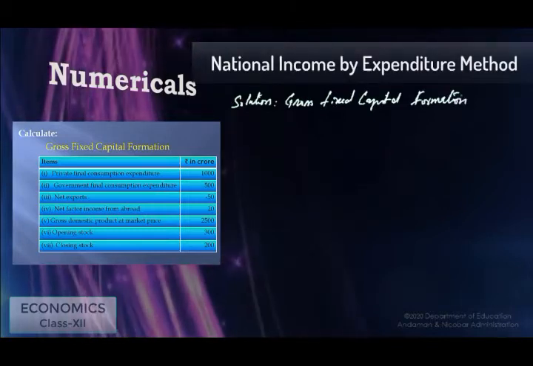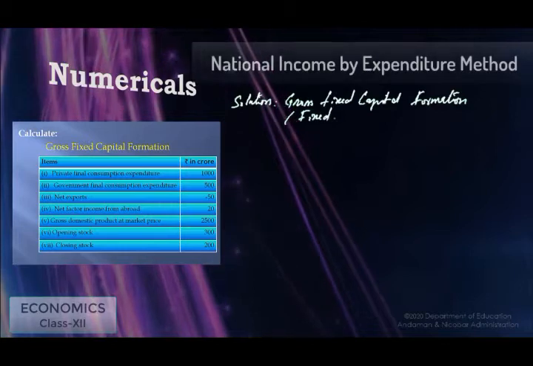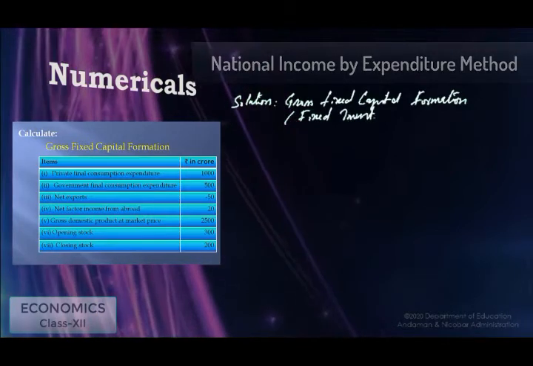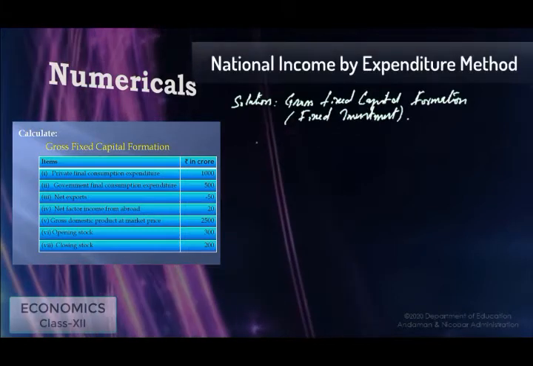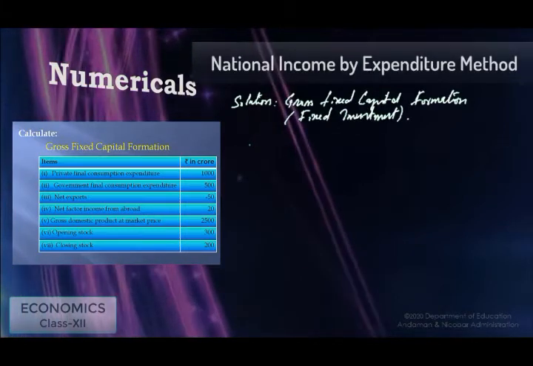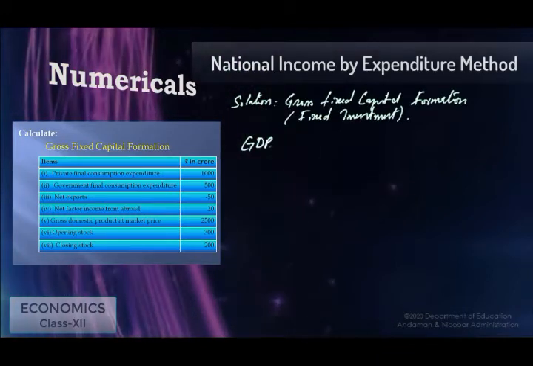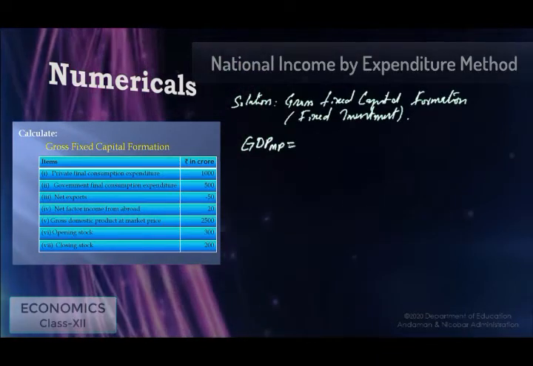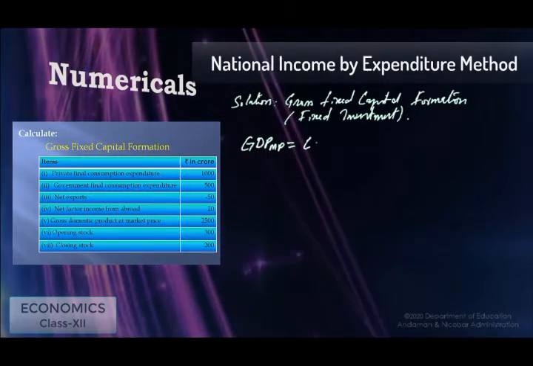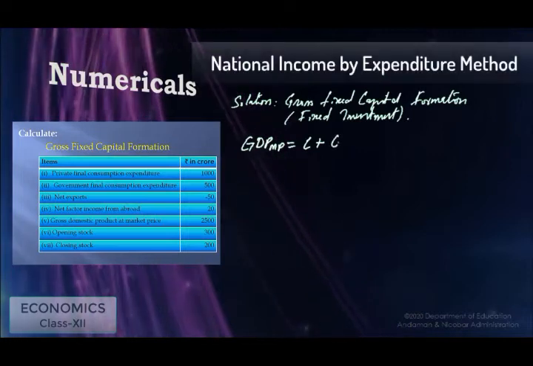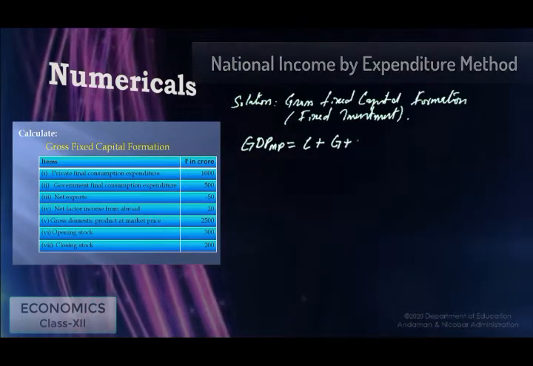Let's look at the formula we have studied earlier: GDP at market price is equal to private final consumption expenditure C plus G, the government final consumption expenditure, plus investment expenditure.